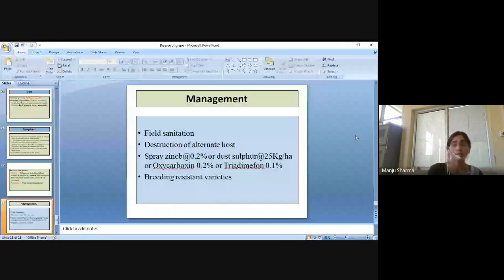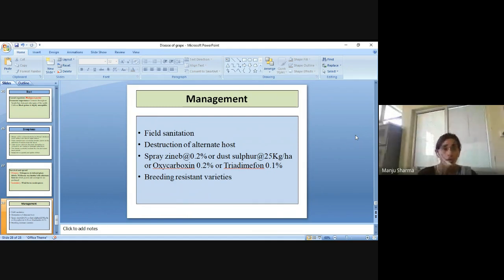Their management, like field sanitation. In the sense we have to clean or clear the field, because after harvesting the main crop, there are many types of plants and crop residues left.